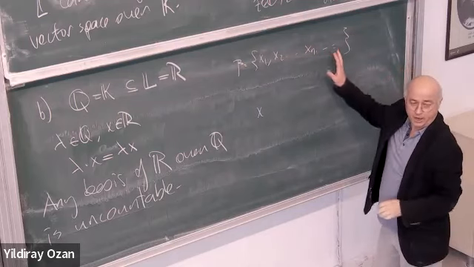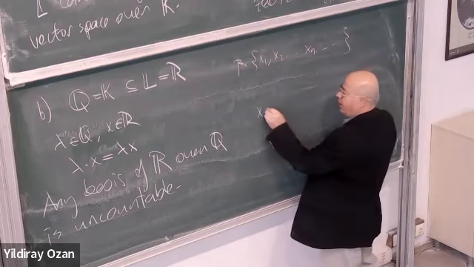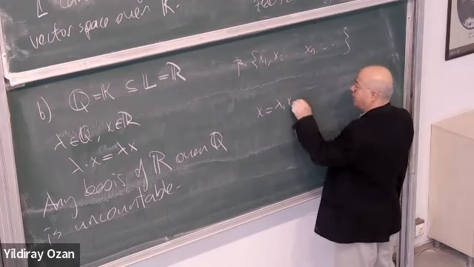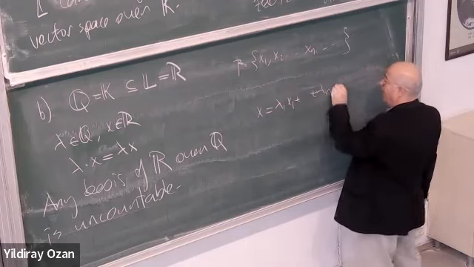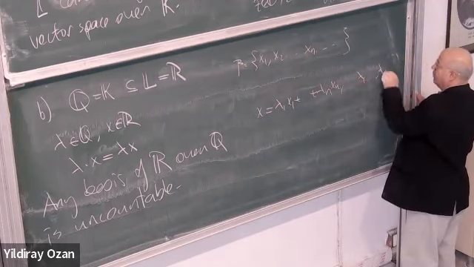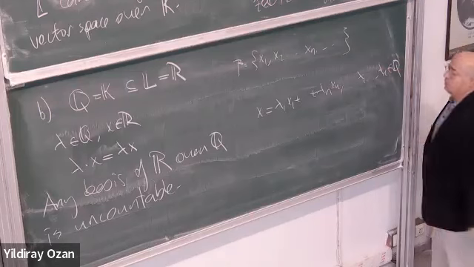Countable basis. Okay. If it were like this, any real number could be written like this: lambda 1 x1 plus ... plus lambda n xn, for some lambda 1, ..., lambda n in Q.